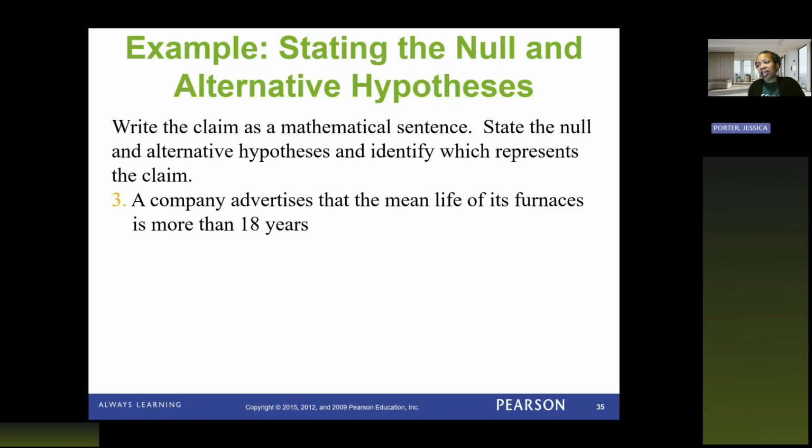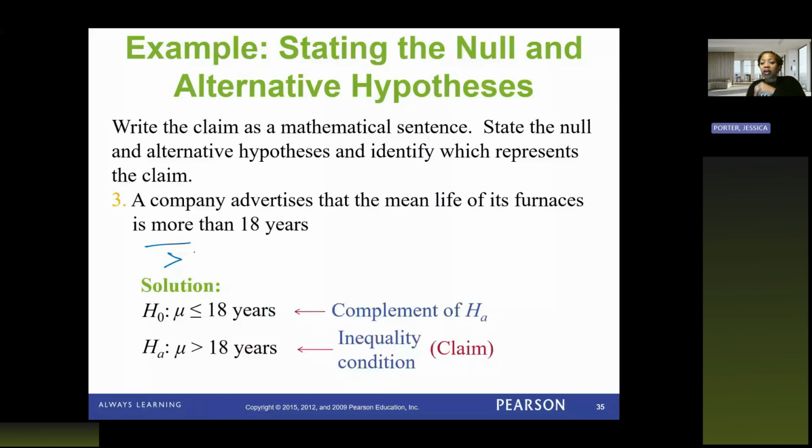You are right. This is the alternative hypothesis, but the inequality is what? You're right. It is going to be more than, so that is the greater than symbol. So our claim is the alternative hypothesis because that's what we're claiming. And the claim will be obvious to you when you read each of the problems.